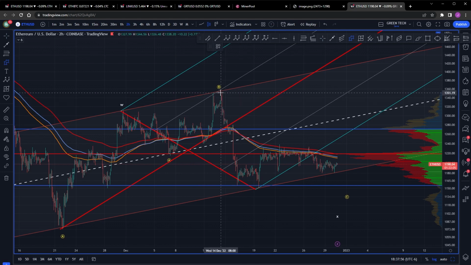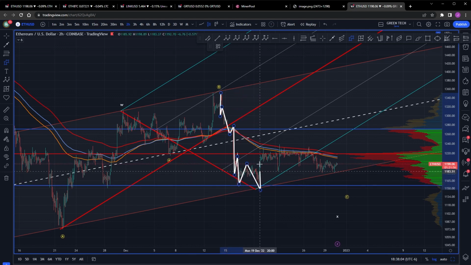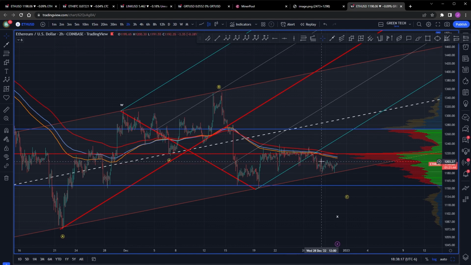To me, it kind of feels like a 1, 2, 1, 2, 3, 4, 5, and I was thinking maybe we had a flat here for a larger 4, and now we're just messing about. Maybe this whole thing is a 4. Obviously, yes, this has gone on for way too long, but this was during Christmas, holidays, no volume, nobody trading. So maybe it just kind of screwed everything up.